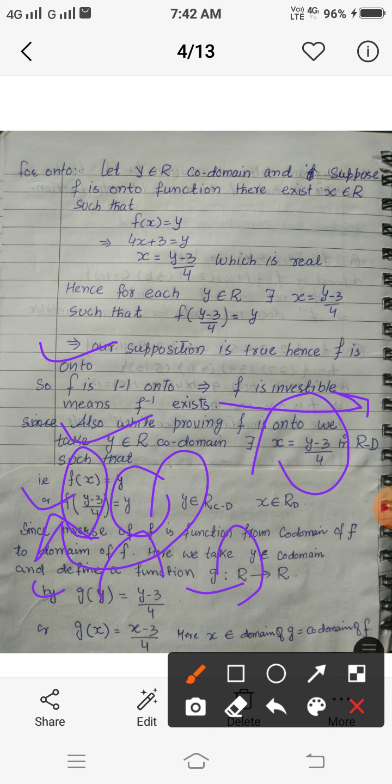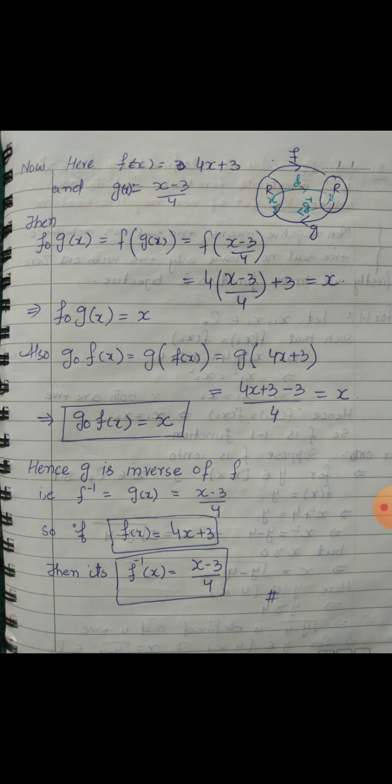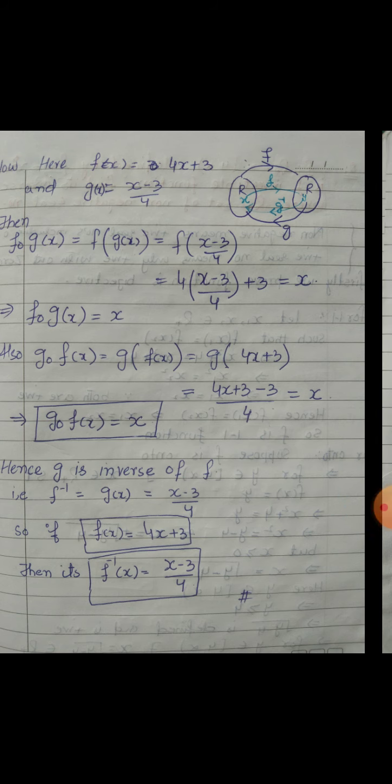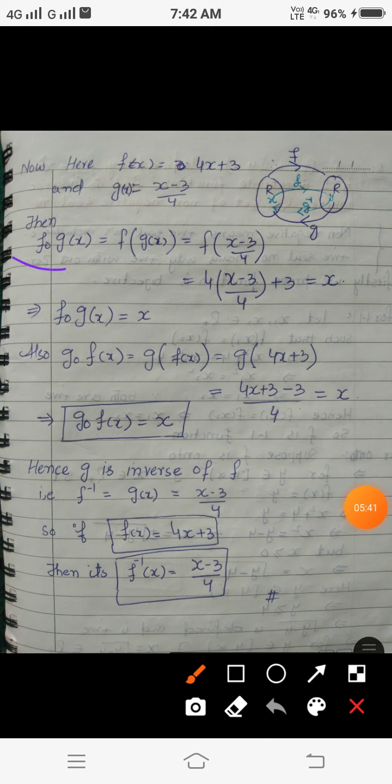Here y is a variable and x is a variable, so for simplicity we can replace y with x, so g(x) = (x - 3)/4. Now we have to check that this is the inverse of f(x) = 4x + 3. First we find the composition f(g(x)). Now g(x) is defined by (x - 3)/4 and f(x) is defined by 4x + 3.